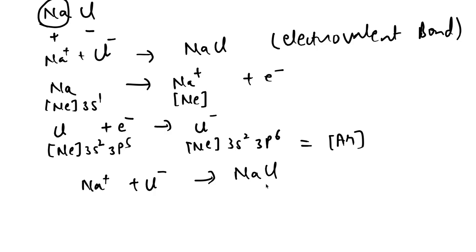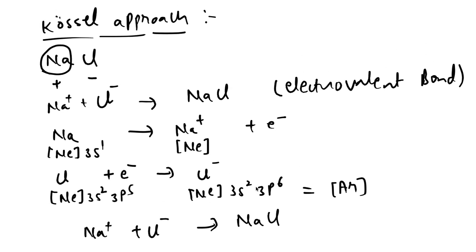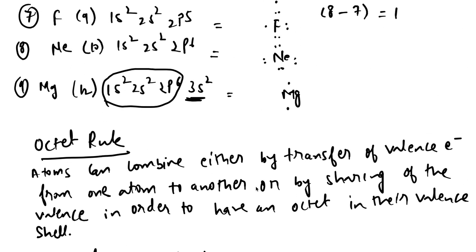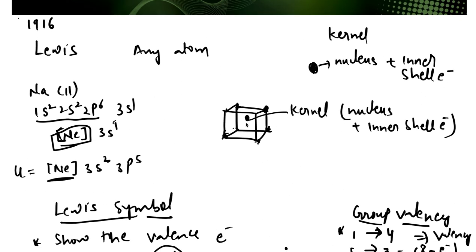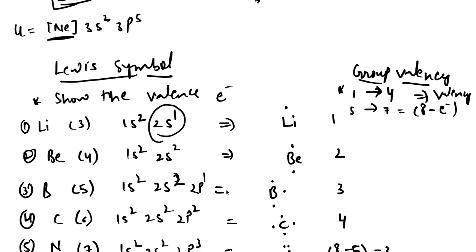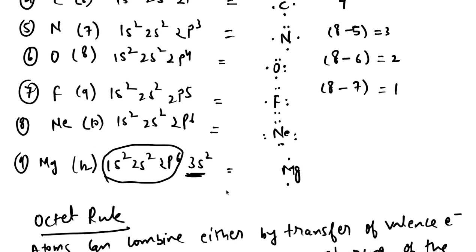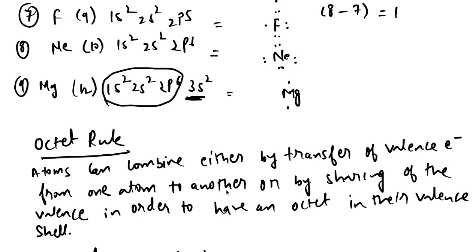Okay, so I hope everything was easy to understand, right? Starting from the basic idea of Lewis, like what he imagined, how he imagined the atom while giving the symbol. Okay, and then we talked about the different symbols and their valency, and finally we talked about the octet rule, like somehow they try to achieve the octet for better stability.